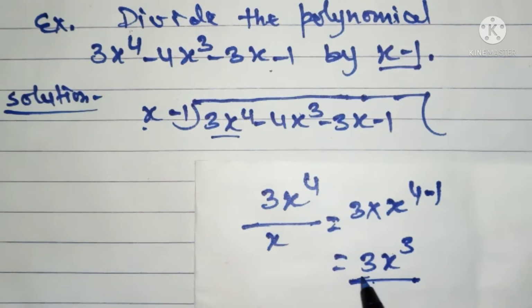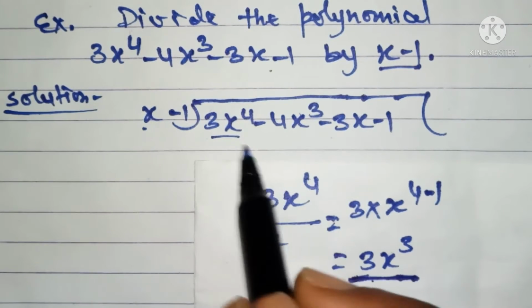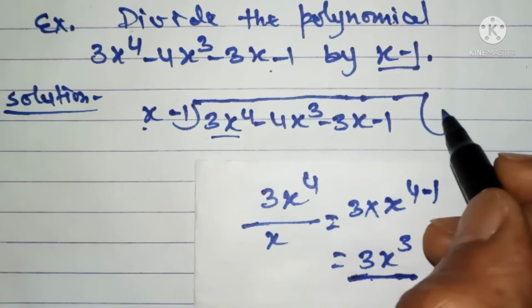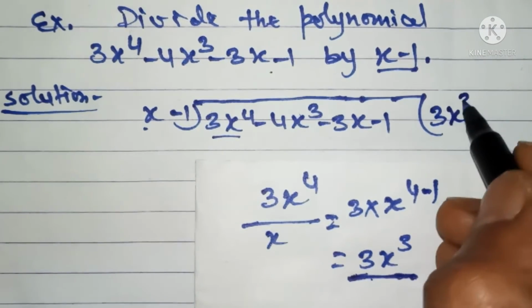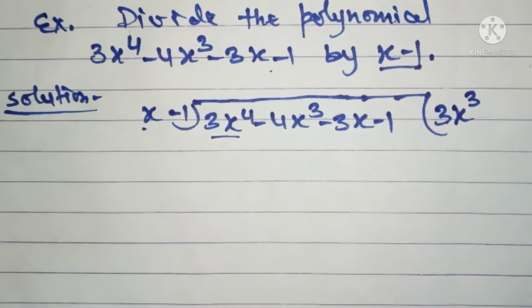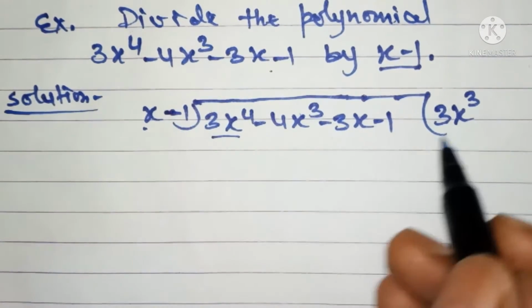Then we can say the first term of the quotient of this division is 3x to the power 3. Now with this 3x to the power 3 we have to multiply the whole divisor.